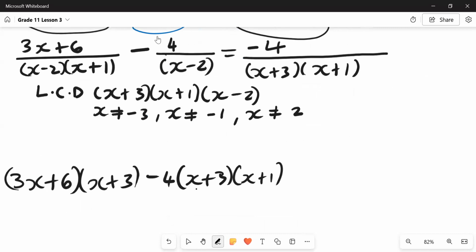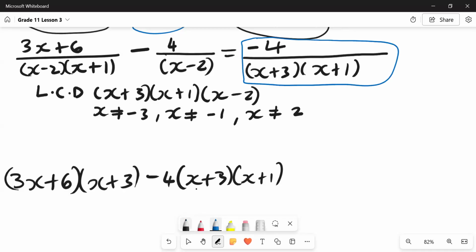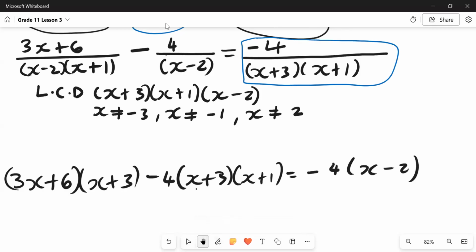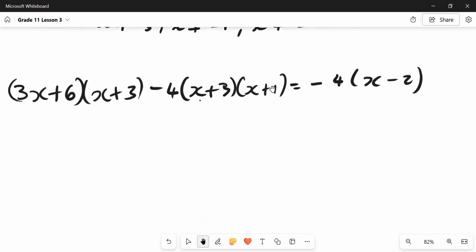And then we multiply the last part, which is on our right hand side, and we end up with minus 4 and then x minus 2. But if you still have time, you can multiply this part with your LCD just to confirm the answers, and also multiply this part with your LCD just to check if you get the same answers, right?